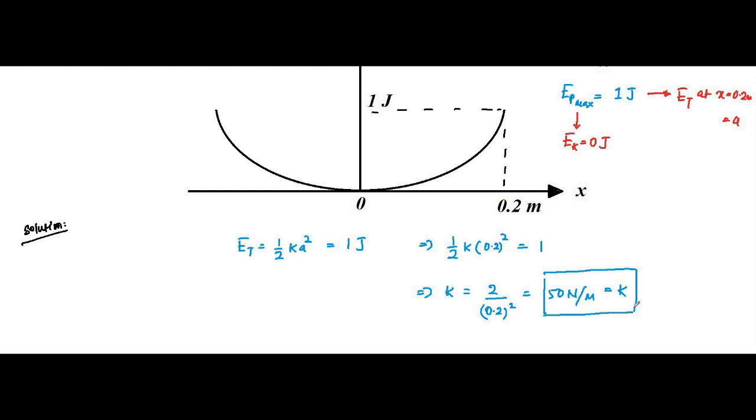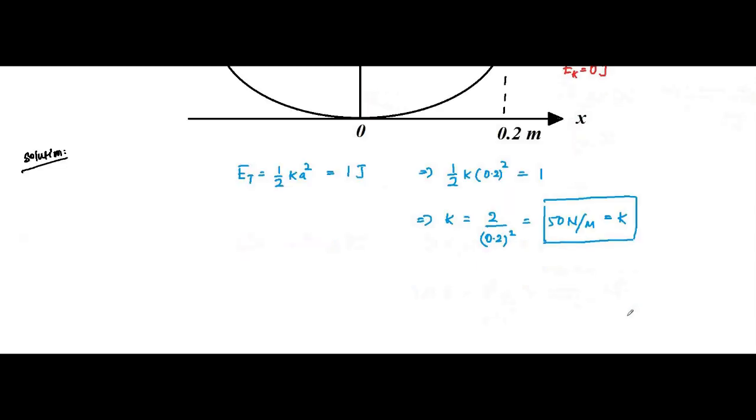Then we know that the angular frequency omega is equal to root over of k by m. The mass of the body is equal to 4 kg, it is given.